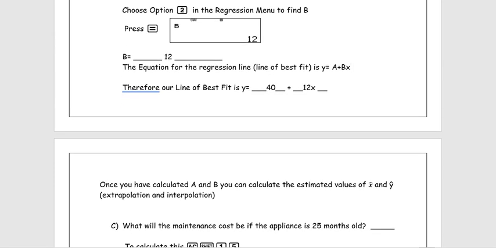So let's have a look at this question here. C asks us, what will the maintenance cost be if the appliance is now 25 months old? Remember that when we are doing this, we are only going to be finding estimated X and Y values, depending on what the question is asking.